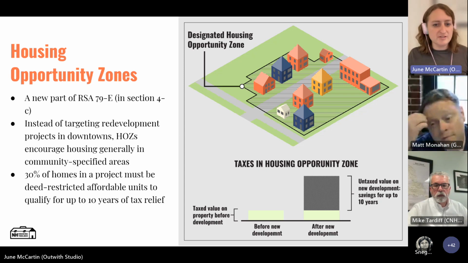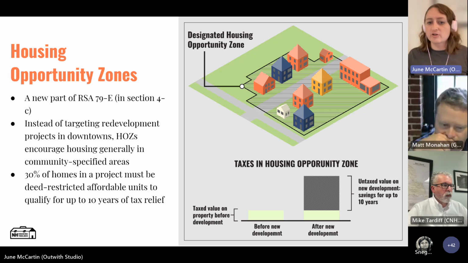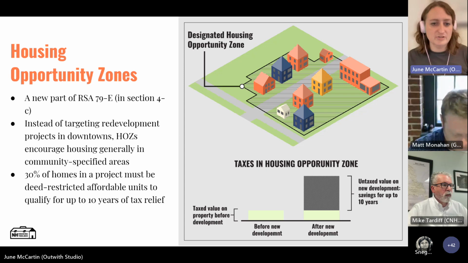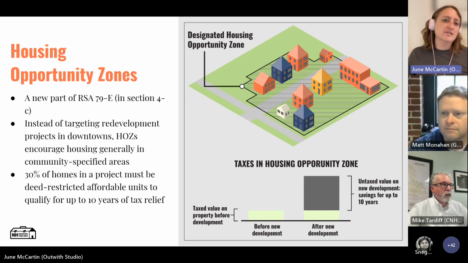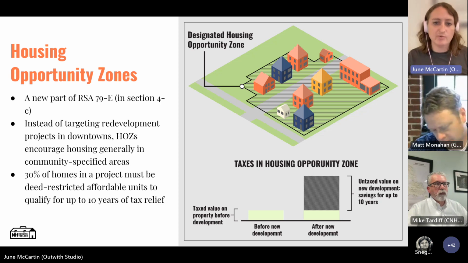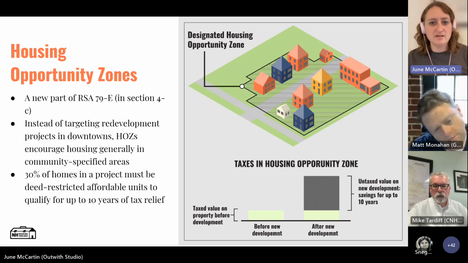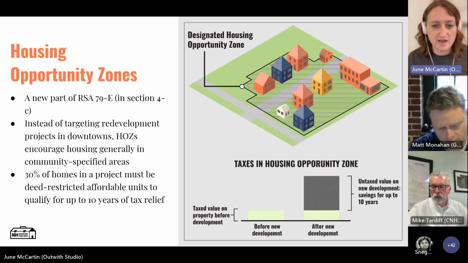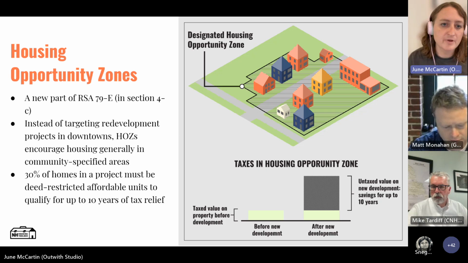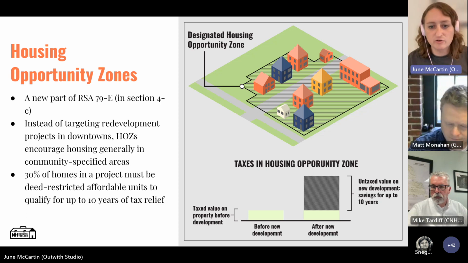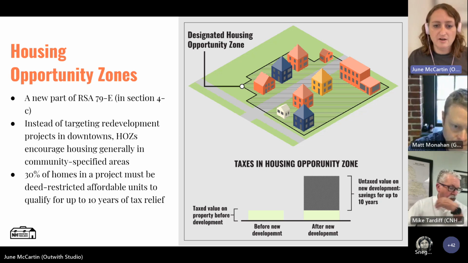So this could be an area that's been underutilized in some way, like a former industrial area, or the disused mall, something like that, and the town says, okay, we're going to create this tax incentive that works exactly like the rest of 79E. You have this increment, and the increment is untaxed for a period of time, as long as you provide 30% of your homes as deed-restricted workforce units, deed-restricted affordable housing.